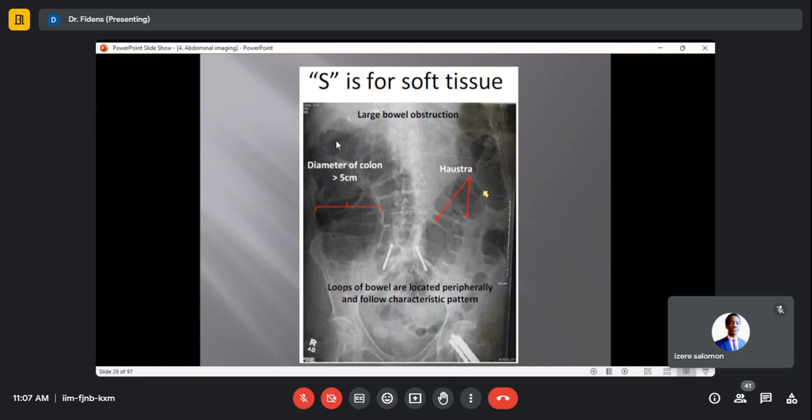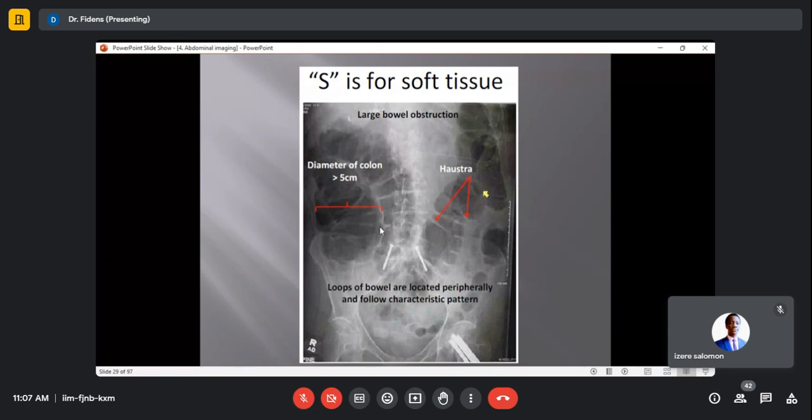So let us now go to large bowel. Can you see? Even the large bowel is dilated. They said more than 5 centimeters. You remember the 3, 6, 9 rule, more than 6 centimeters. It's very dilated here. And when you look at these ones, you can see the folds are now not across, involving one third of the diameter.